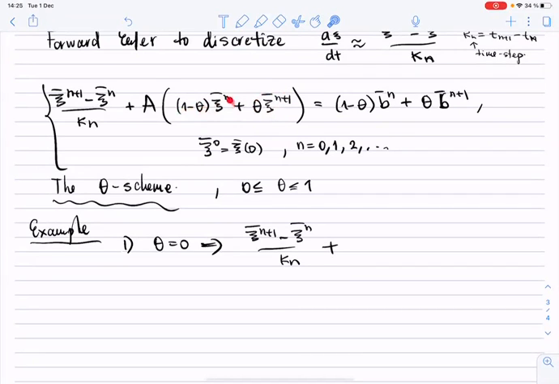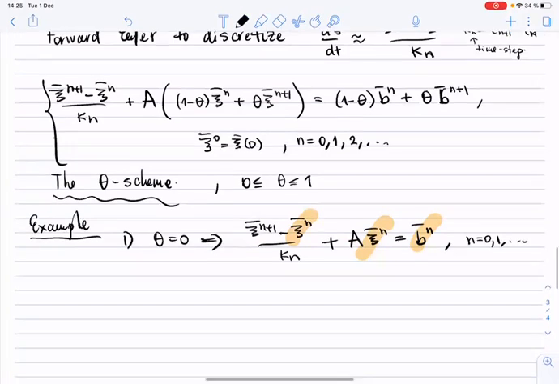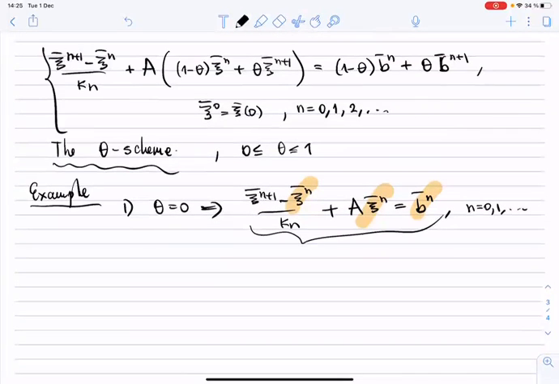Here it is 0, it's going to be just A psi n. And on the right-hand side, that term at time n plus 1 disappears. So here we get A psi n equals bn. You see that this value is known, the right-hand side is known, and you just solve for psi n plus 1 explicitly for all n equals 0, 1, etc. This scheme is called the forward Euler scheme.